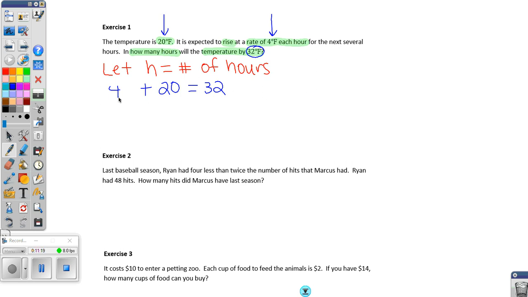So because I kept adding 4 multiple times, but I don't know the number of times we added 4, that's when I would multiply 4 by H. Because again, we're solving for the number of hours that it took to get the temperature up to 32 degrees Fahrenheit. So that's the equation. 4 times H plus 20 is equal to 32.